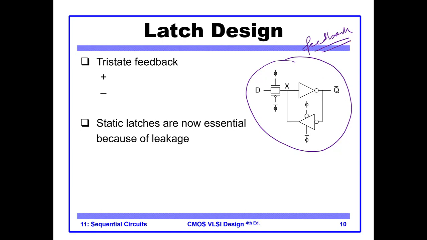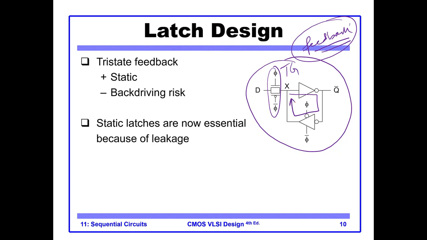Actual and practical latches that are used today cannot be designed without feedback. So this is a design in which we have a transmission gate, and then we have back-to-back inverters. This is a design that is more stable, and it again uses these clocks.